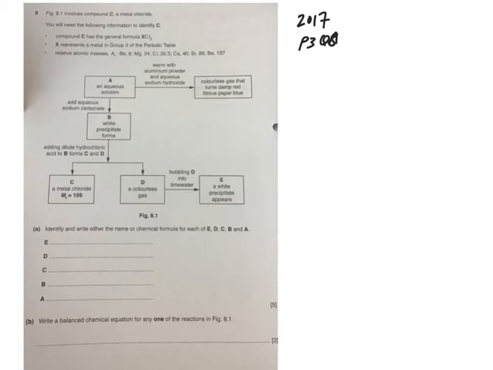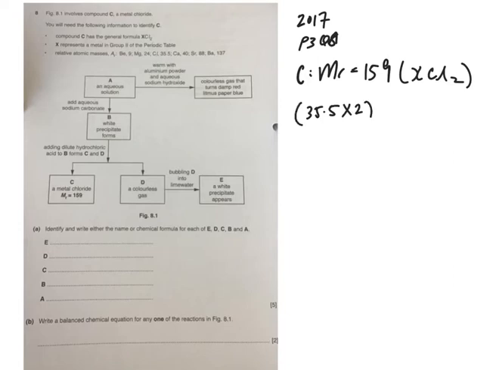In this question, I will probably take a look at substance C first, right? Because it mentioned that the Mr of substance C is actually 159, and this belongs to XCl2. So right away we can identify what X is, because we know that Cl2 is just 35.5 times 2, plus X, giving you a total of 159.